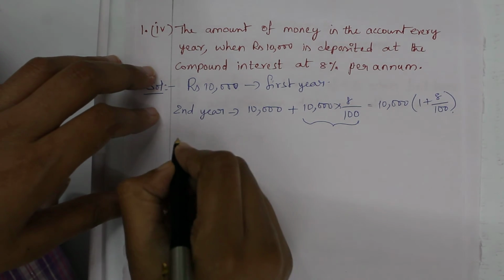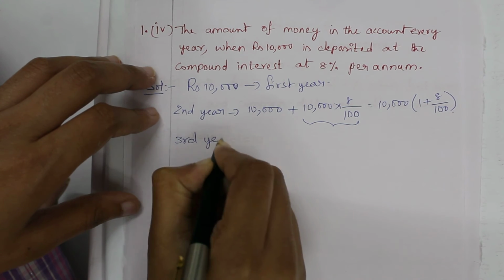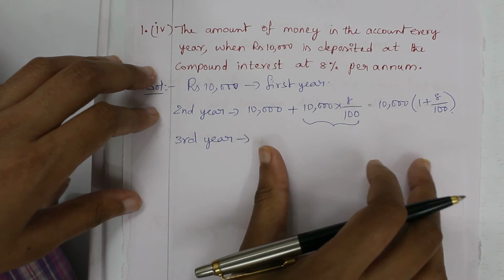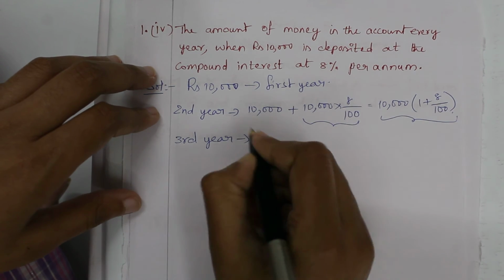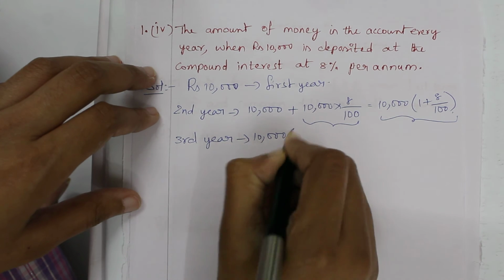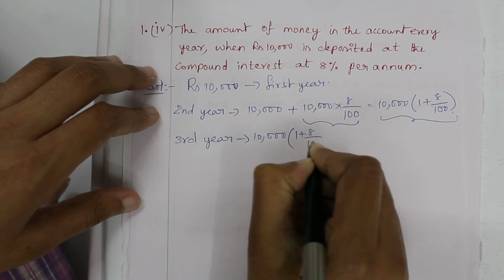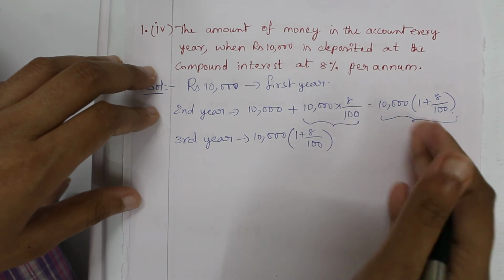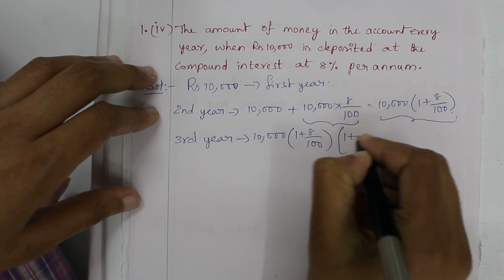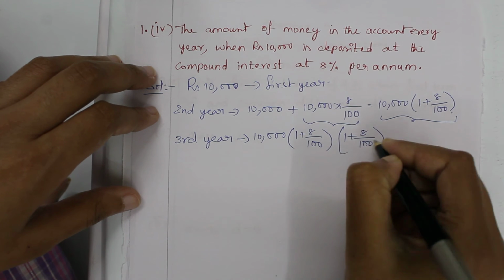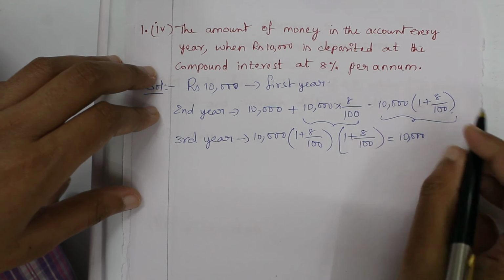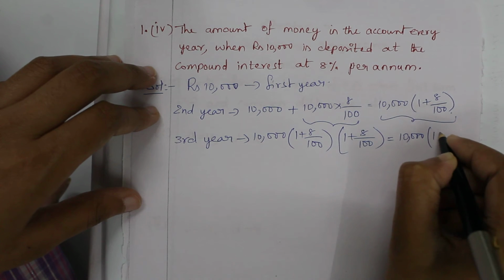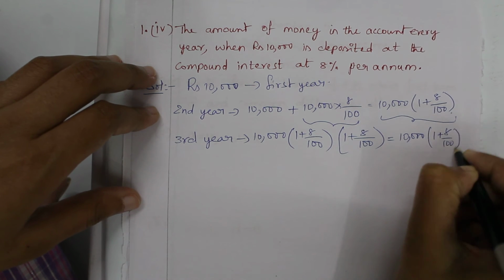Now third year, what would happen? The second year amount again increases by 8%. What is the second year amount? 10,000 into 1 plus 8 by 100. And this increases by 8%. So 1 plus 8 by 100. That is equal to 10,000 into 1 plus 8 by 100 whole square.